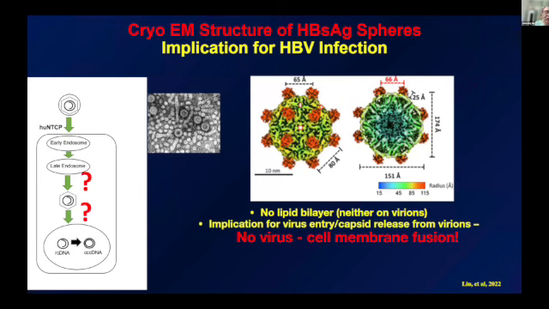If there is no virion envelope, there would be no viral cell membrane fusion, in contrast to what almost all the reviews or textbooks would depict. So the viral entry process is going to be quite different from what everybody envisions or has depicted so far, based on the structural information we recently obtained.